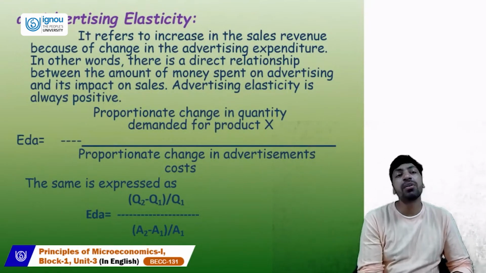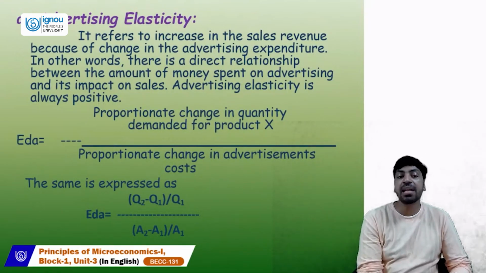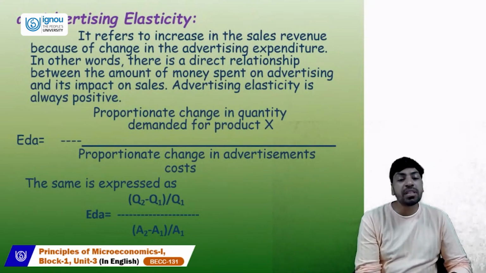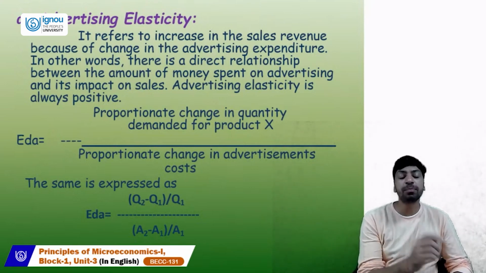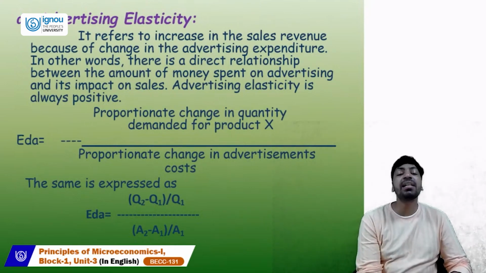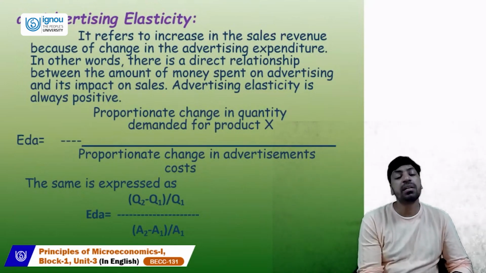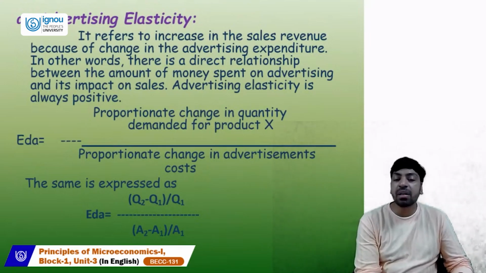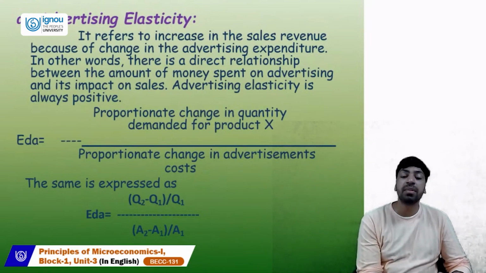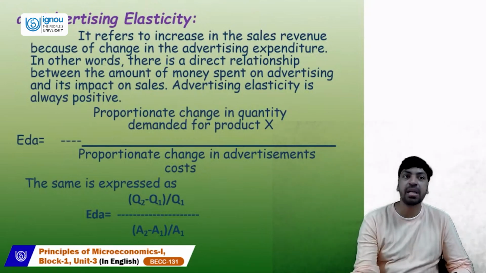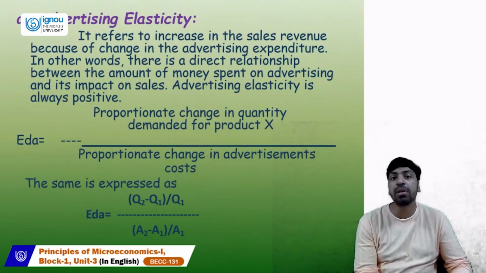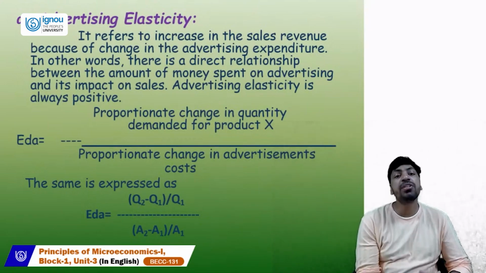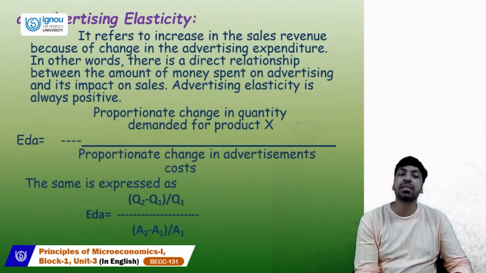There is another formula to calculate the advertising elasticity: the difference between the quantities of the next unit and the last unit, divided by the quantity of the last unit, over the difference between the advertising cost of the next unit and the last unit, divided by the advertising cost of the last unit. That's called the advertising elasticity of demand, as it depends upon the quantity demanded due to a change in advertisement cost.